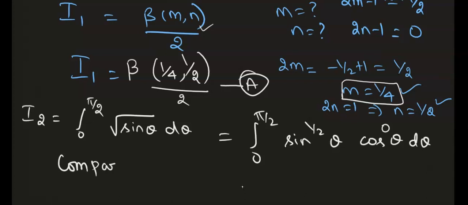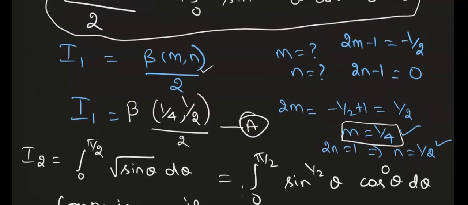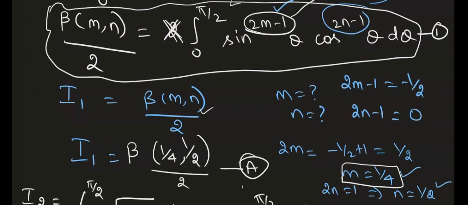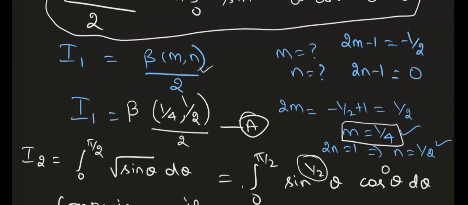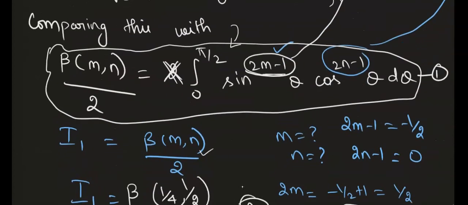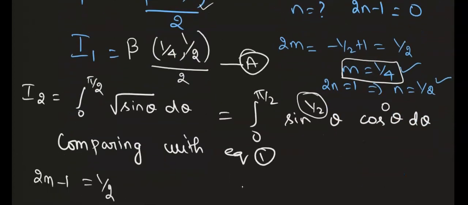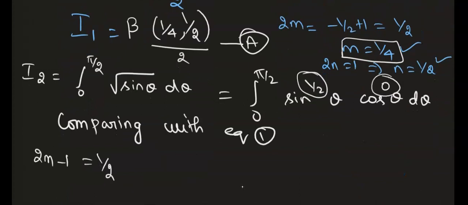Comparing with equation 1, we are going to use the same formula. See here, in the place of 2m minus 1, I have 1 by 2, the sin power is 1 by 2. In the formula, in the place of 2n minus 1, I have 0.